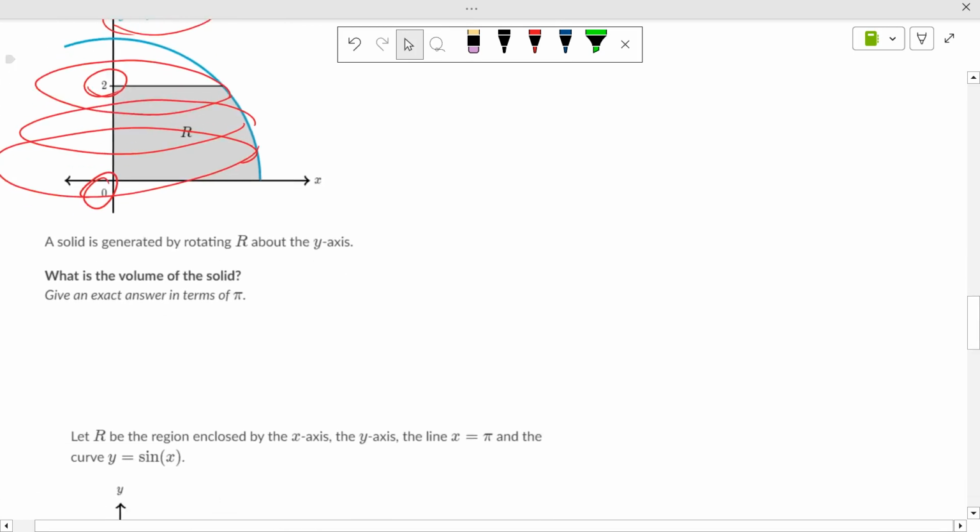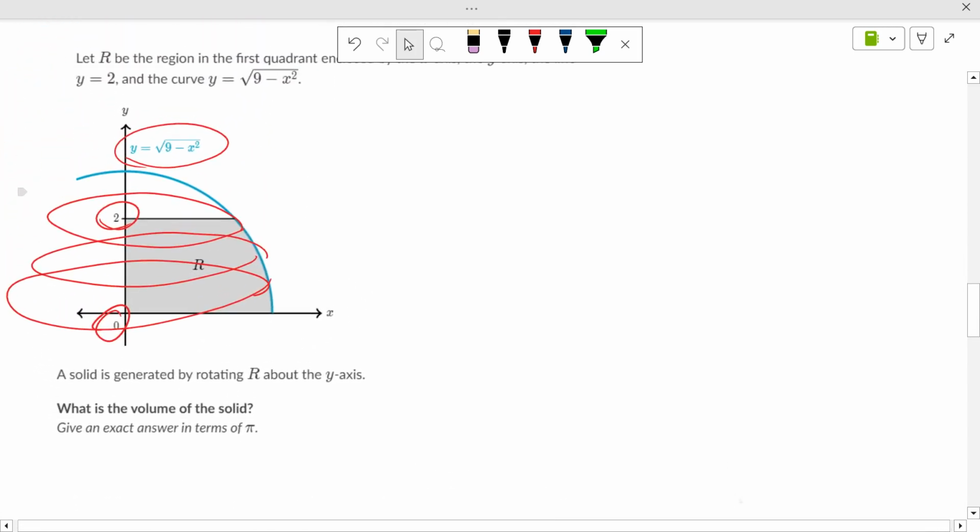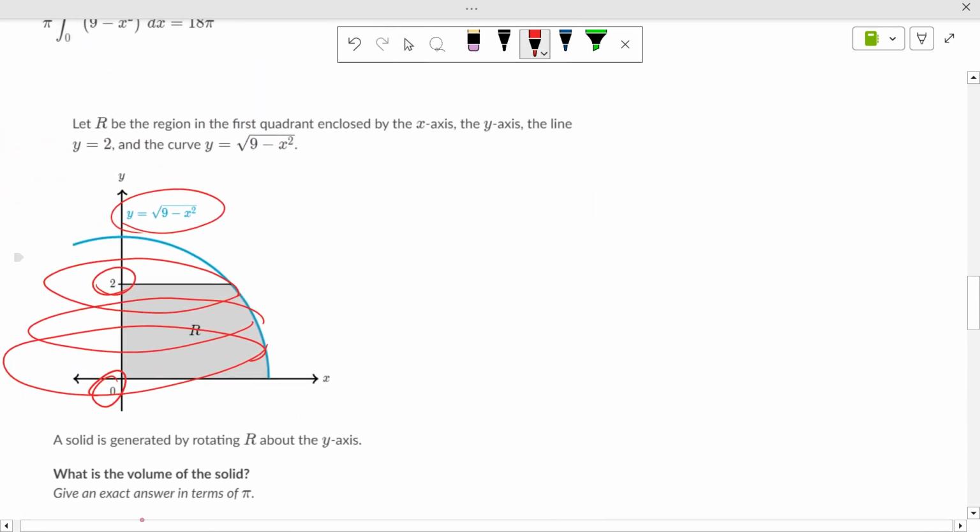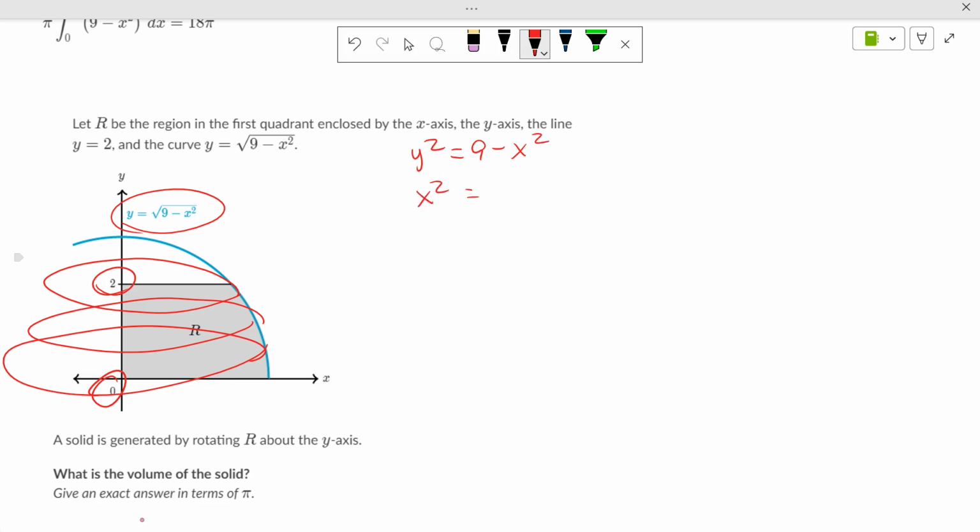After we do that, what would we get? If we solve this for x, we get y squared equals 9 minus x squared. Switch the x squared and y squared around, so x squared equals 9 minus y squared, and then square root it. So x equals the square root of 9 minus y squared.